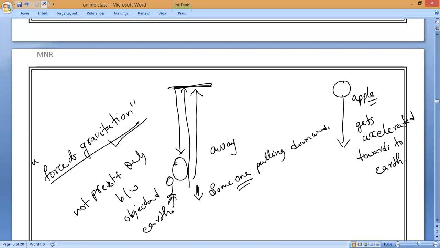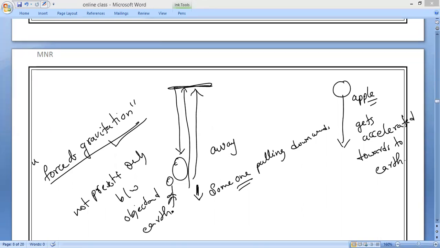Then he proved with his theory that the force of attraction, called the force of gravitation, is not present only between objects and the earth, but exists between any two bodies in the universe. That is why this law is called the universal law of gravitation.